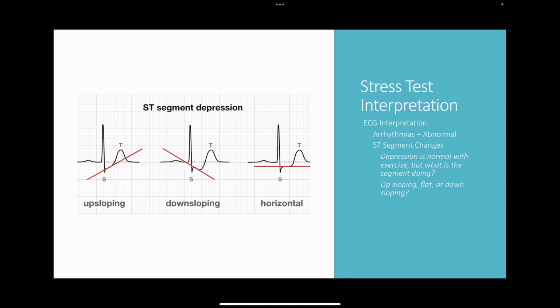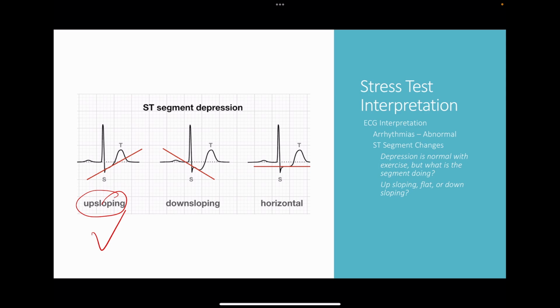So, stress test interpretation, ST segment depression. If you see upsloping, that's okay on a stress test. An upsloping ST segment is a normal finding in a stress test at high heart rates. A downsloping or a horizontal one is not good.